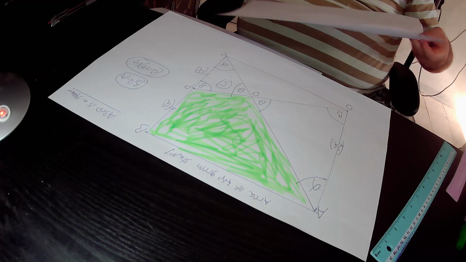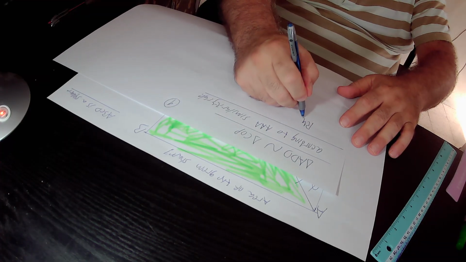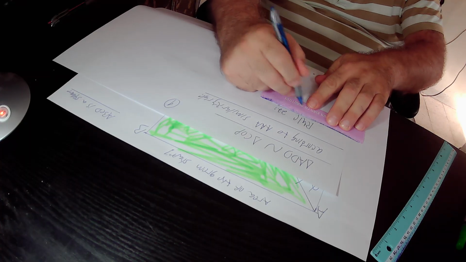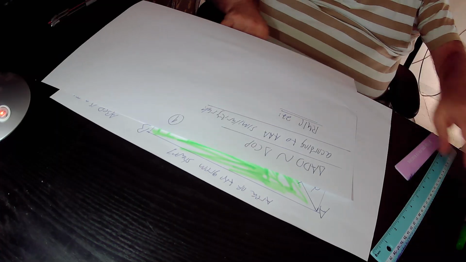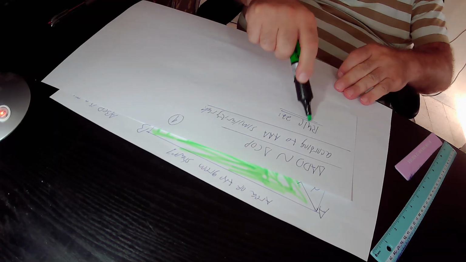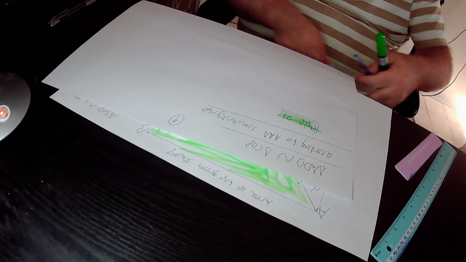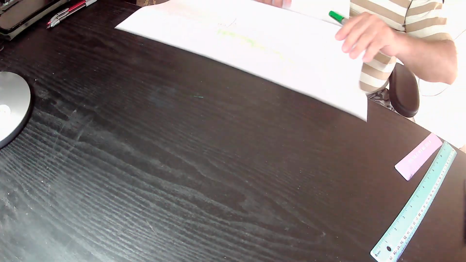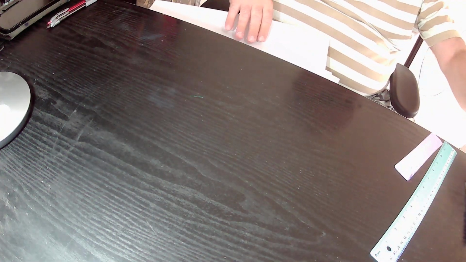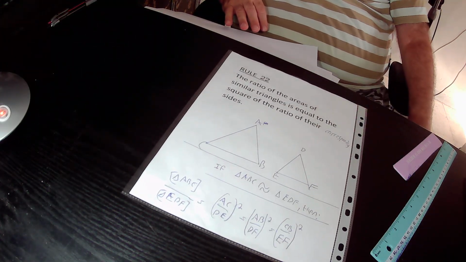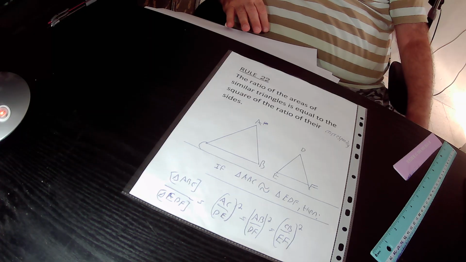So, what is rule 22? According to rule 22, the ratio of the areas of similar triangles is equal to the square of the ratio of their corresponding sides.